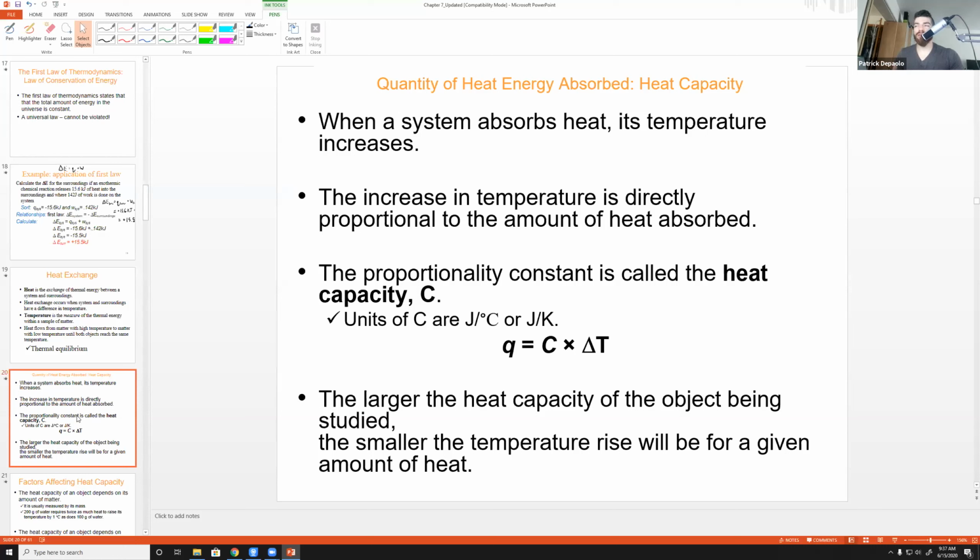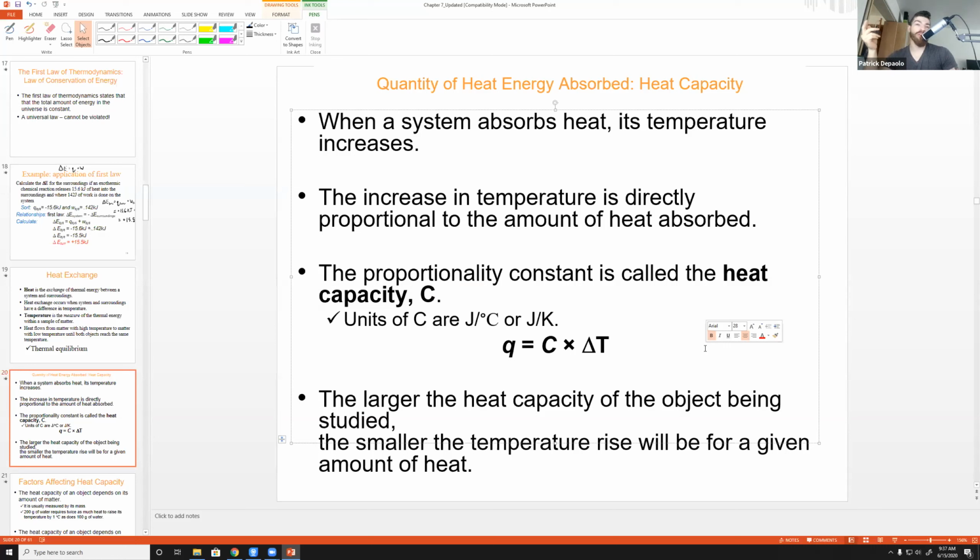So that was a bad way of saying it, but there's this thing called the heat capacity. The heat capacity is measured in joules per Celsius or joules per Kelvin. It is the capacity of heat that something has.